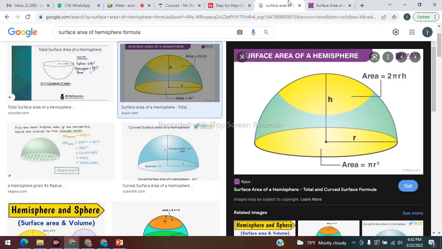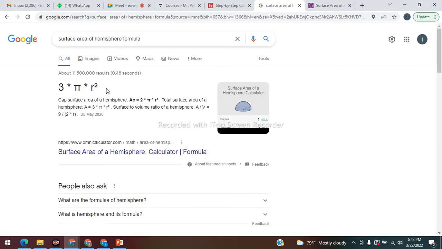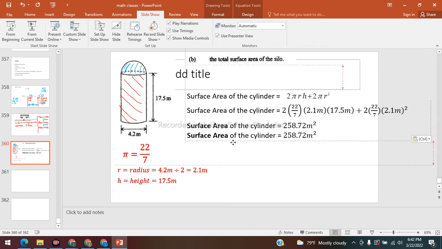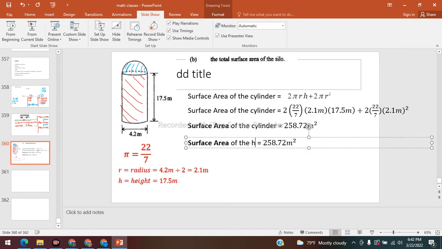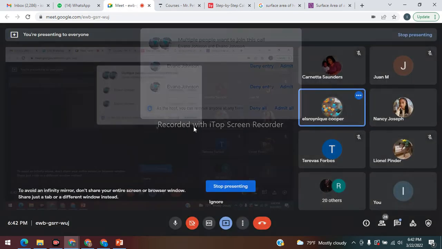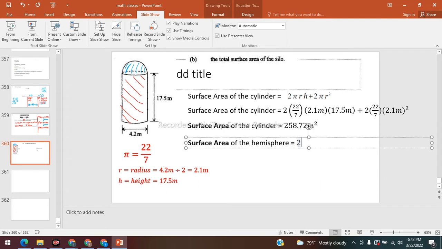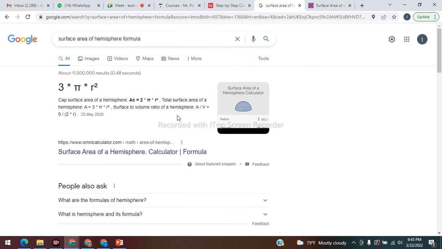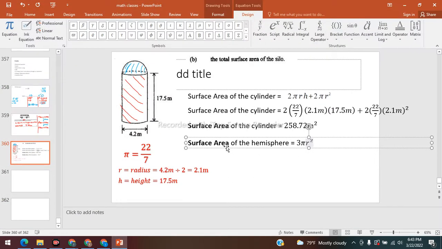So the surface area of the hemisphere equals what? 3 pi r squared. And again, the surface area of a hemisphere is 3 pi r squared.